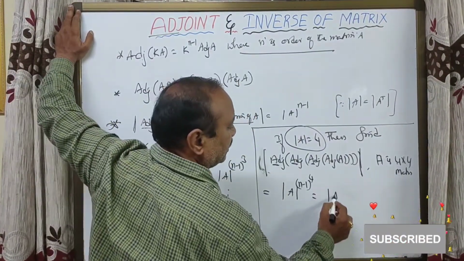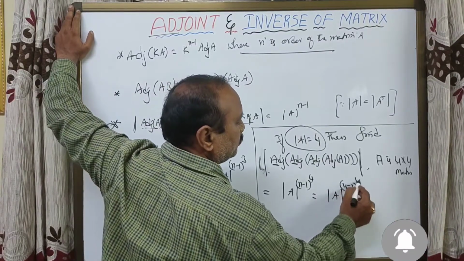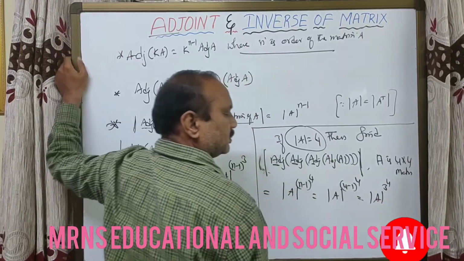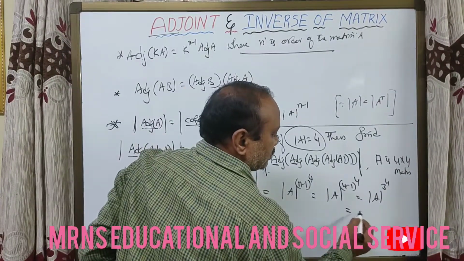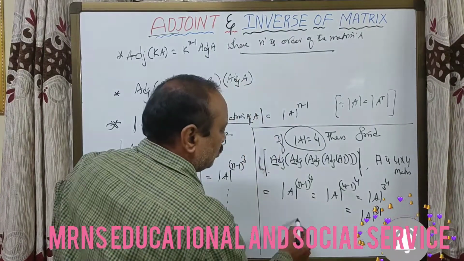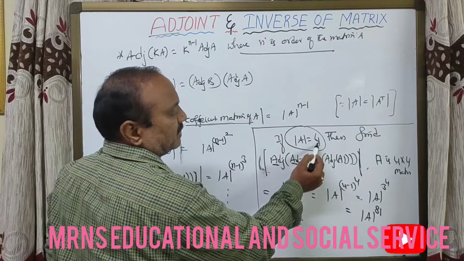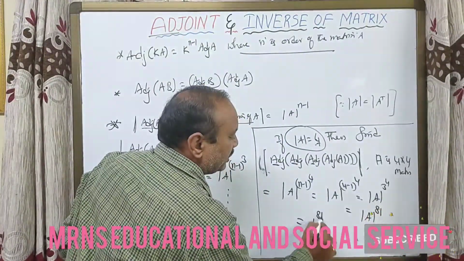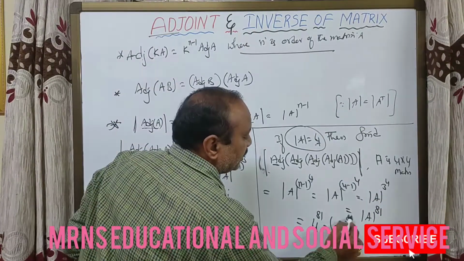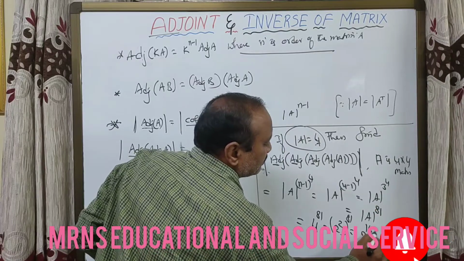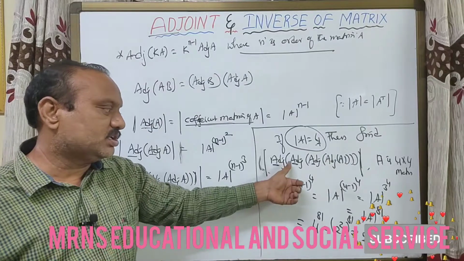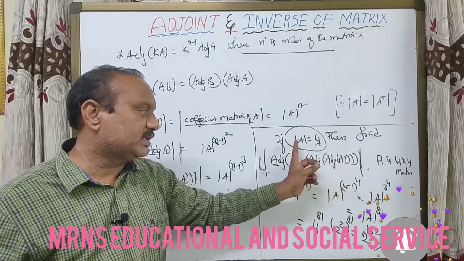That is det A whole power 4 minus 1 whole power 4, det A whole power 3 power 4. 3 power 4 is 81 students, det A whole power 81. How much is det A value? Given as 4, so 4 power 81. Take 4 value as 2 square whole power 81, it becomes 2 power 162. So like this we can find adjoint of A when det A equal to 4.